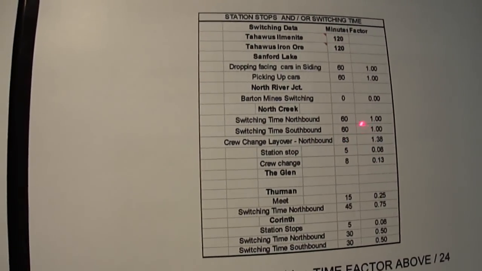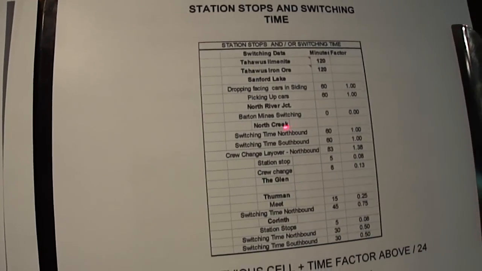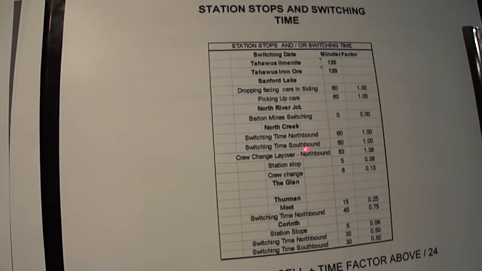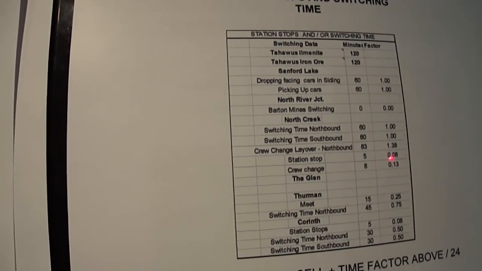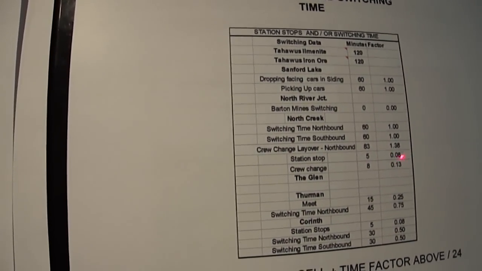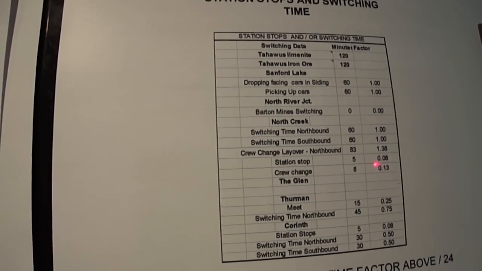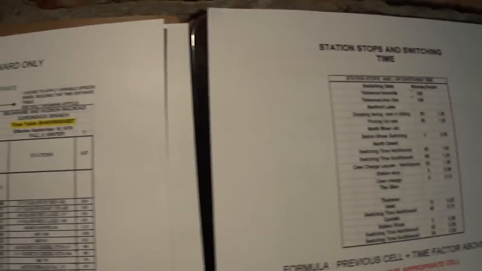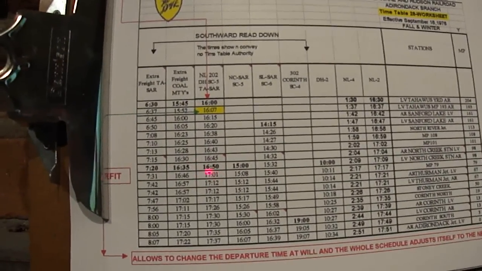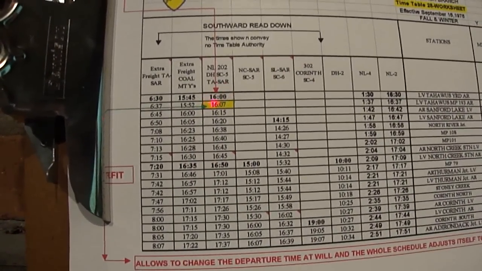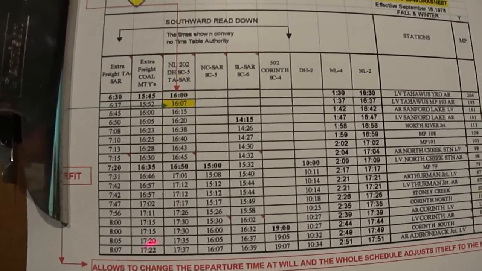Here we take North Creek, switching, station stop, 5 minutes. The factor is 0.08. Now you incorporate that in the formula, and you leave at 1650, and carry on from 1650 just like you did at 1600. You carry on with your other formula all the way to Adirondack Junction.